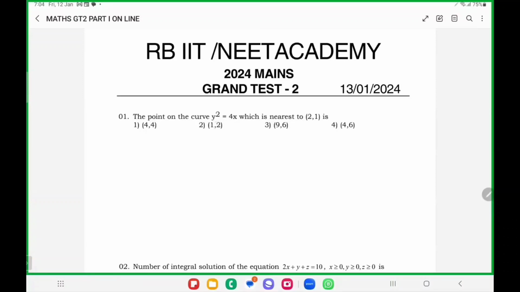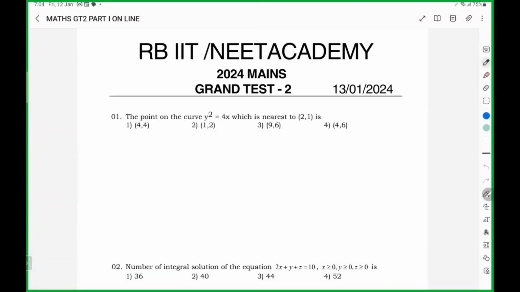Here, the point on the curve which is nearest to (2, 1). Here somewhere is (2, 1).